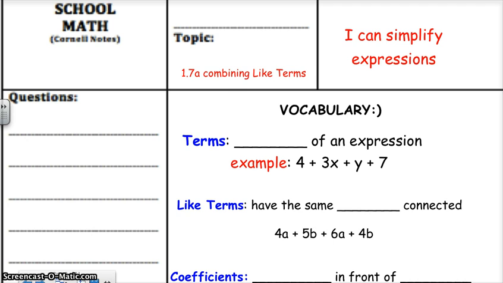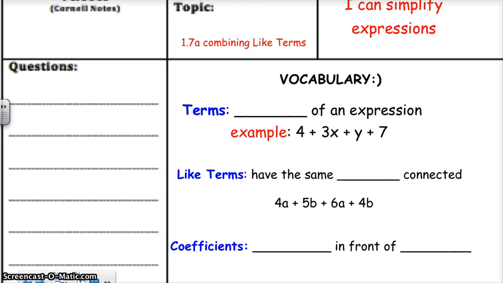Okay. Vocab you need to know. Terms. Terms are part of an expression. They are the things that make up the expression. So, if I had, this is an expression down here, 4 plus 3x plus y plus 7. The terms are what is a part of it.